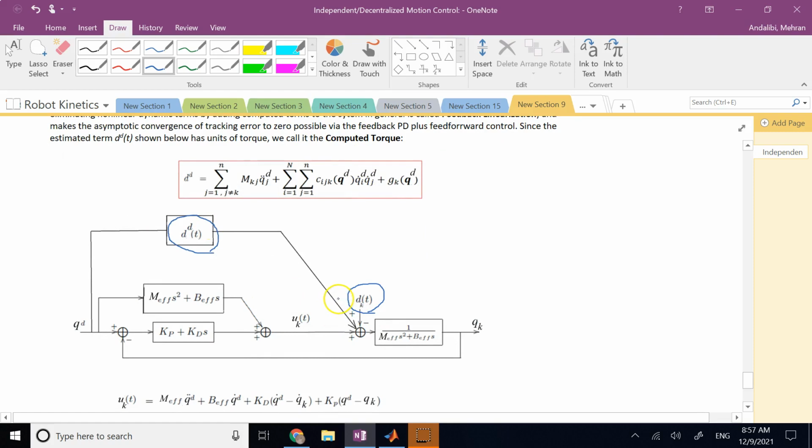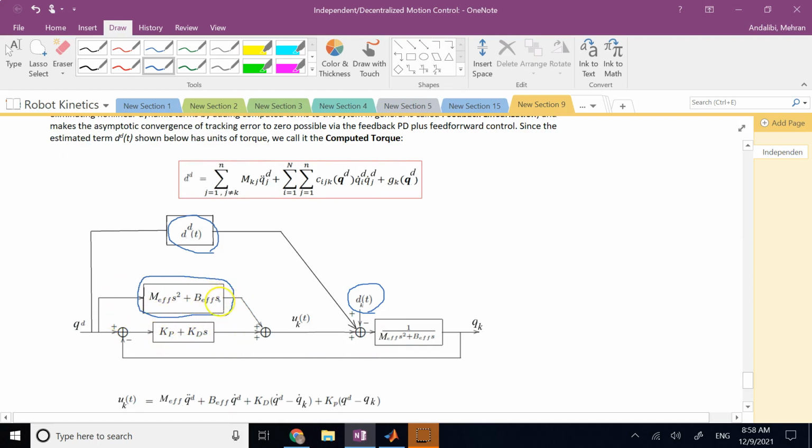This computed torque method also needs another extra element that you add to your feedback system. In the past we only had the feedback, let's say a PD controller.